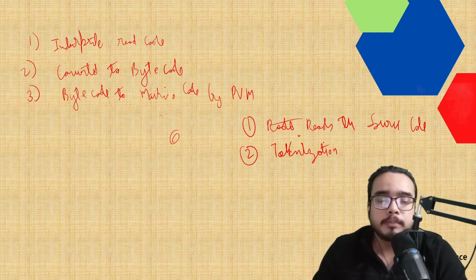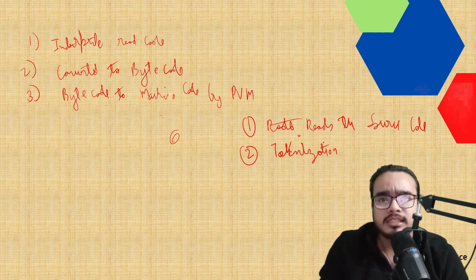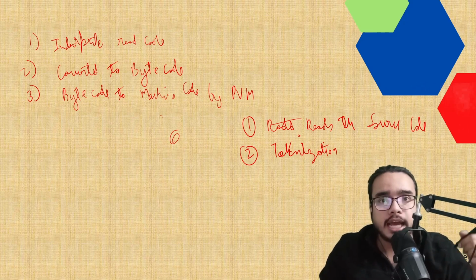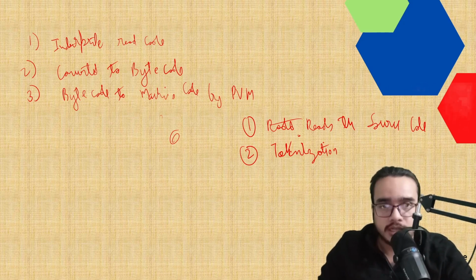Middle-level languages like C are written somewhere in the middle. And low-level languages are one step away from machine code, which means they are machine friendly but not entirely machine code. Now, what is machine code?